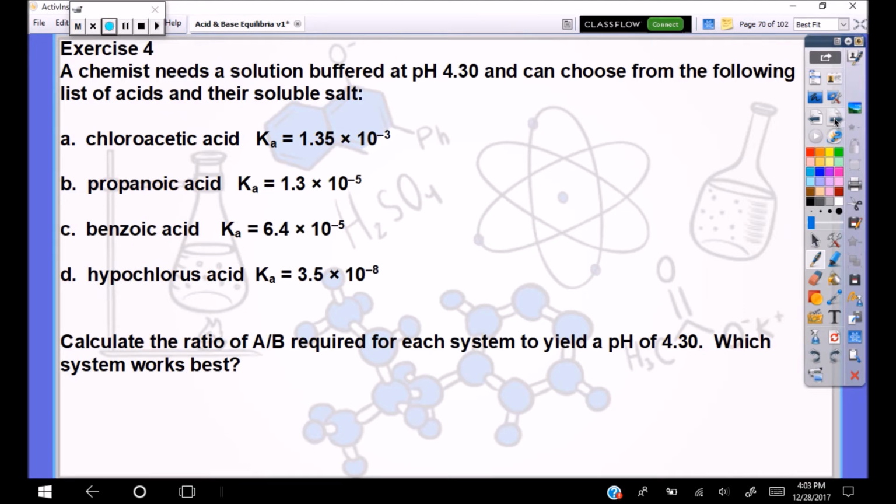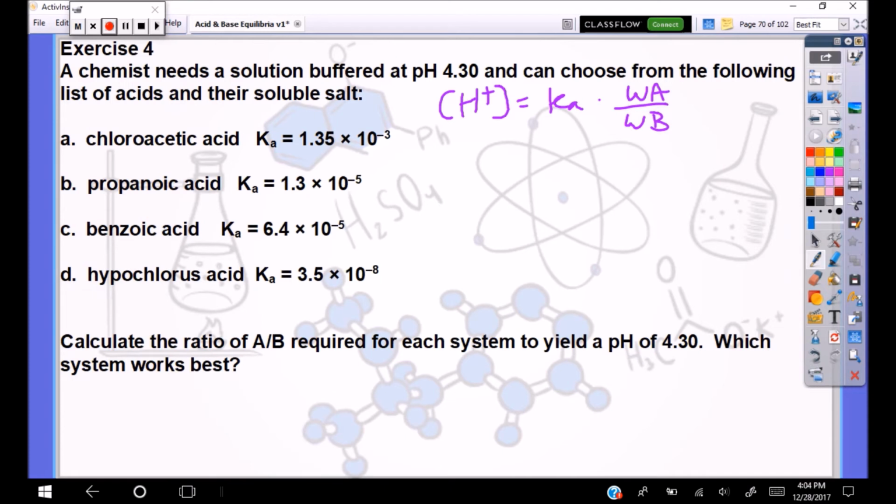As we talked about before, if the ratio of our A minus, or our salt, to our weak acid is closest to 1, then our Ka times 1 is going to be equal to our H plus concentration, right? If we think about our equation, Ka times weak acid over weak base.